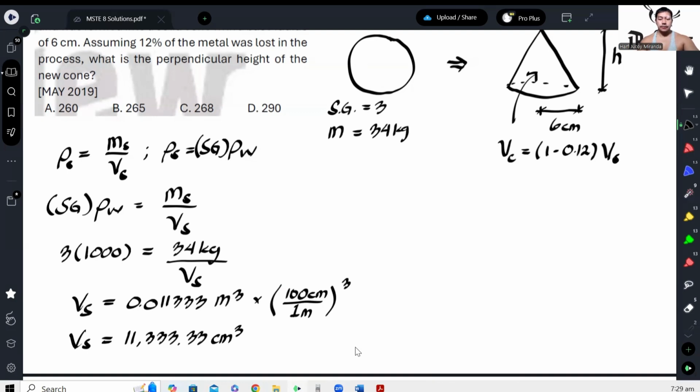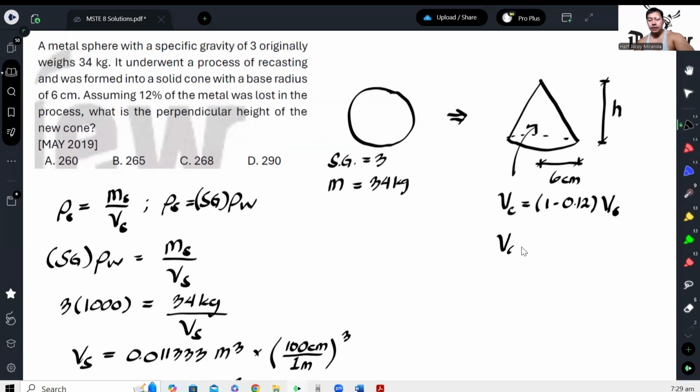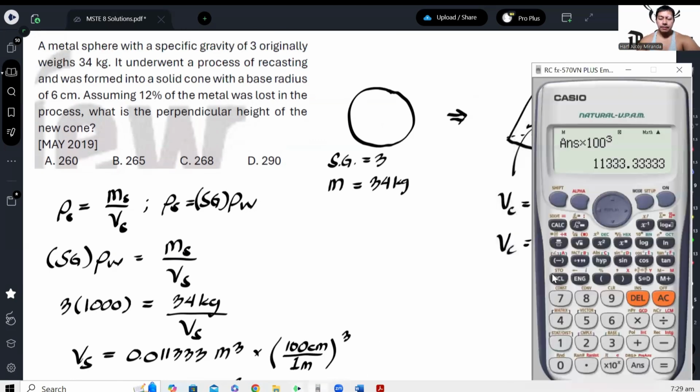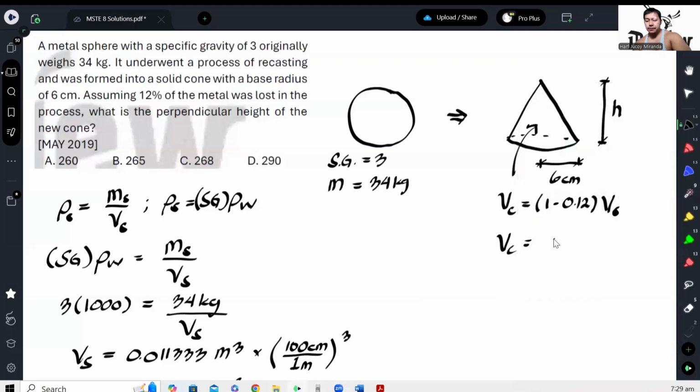Okay? So, therefore, ang volume ng cone will become, multiply lang natin ito ng 1 minus 12%. And that gives us 9,973.33 cubic centimeter. And then, ipasok lang natin yung volume ng cone, no? Di ba ang formula ng volume ng cone is 1/3 pi times radius squared times yung height.